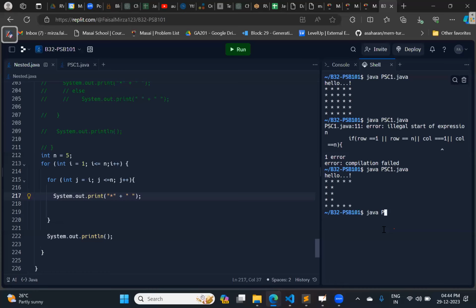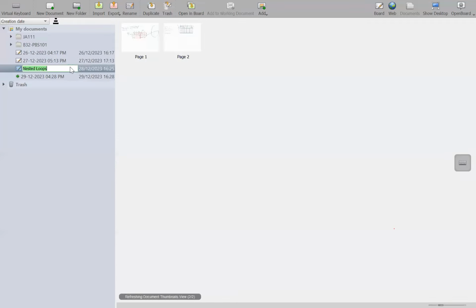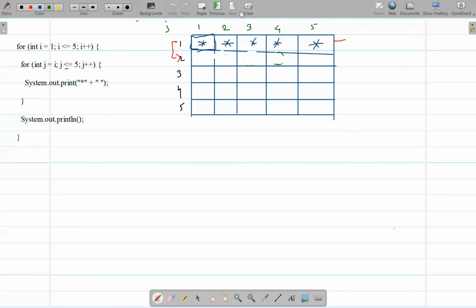So it should be nested.java. When I run this, you will get the output, whatever I have shown you right now. Yes or no? But if you remember, when we were doing the trial for this, how many of you remember yesterday's trial? This one, we kept this as it is. So how many of you tried at least? As per this code, the next loop is getting started from here.